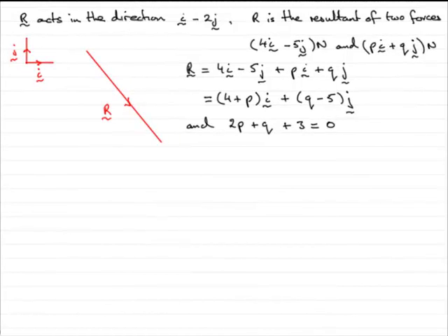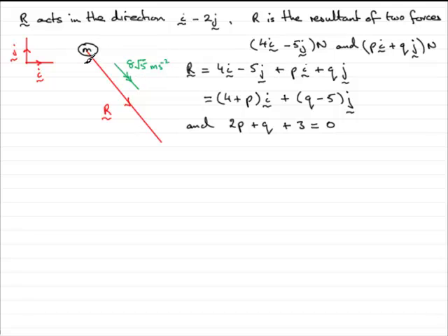Now in the last part of the question we're told that R is a force that acts on a particle, let's just put the particle here, of mass m, and the acceleration is in the direction of the force R. We're told that the magnitude, the size of it, is 8√5 meters per second per second.